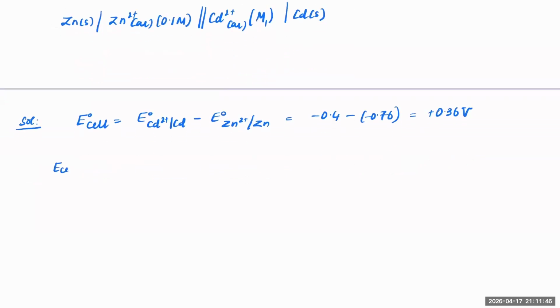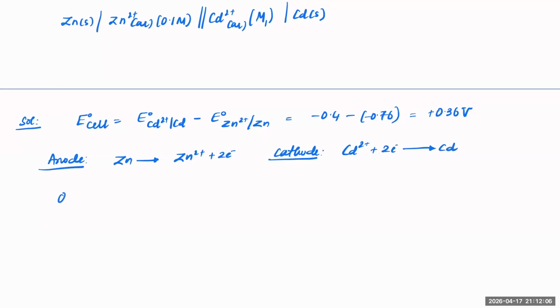Then for E cell, we have to check the anode and cathode reactions. The anode reaction is Zn giving Zn2+ plus 2 electrons, while the cathode reaction is Cd2+ plus 2 electrons becoming cadmium. So the overall reaction is Zn plus Cd2+ aqueous giving Zn2+ aqueous plus Cd solid.